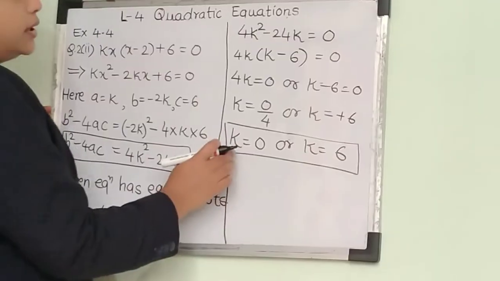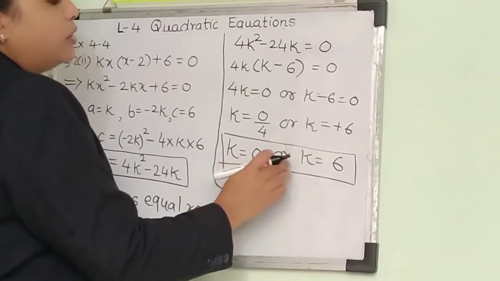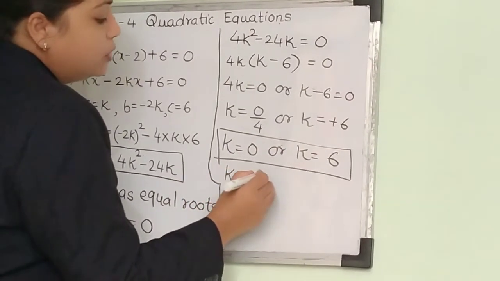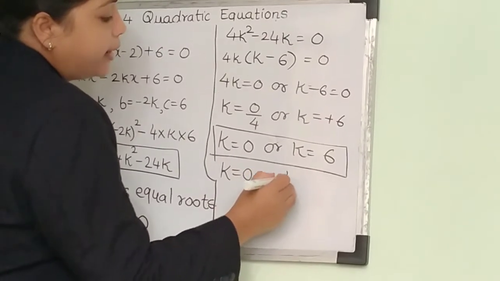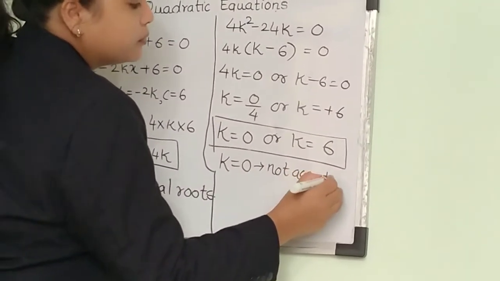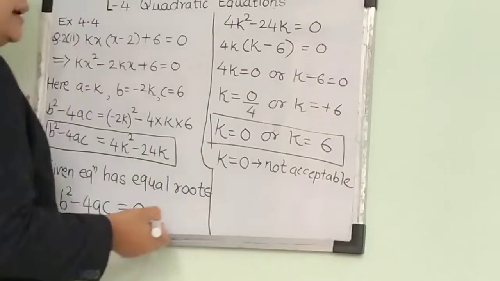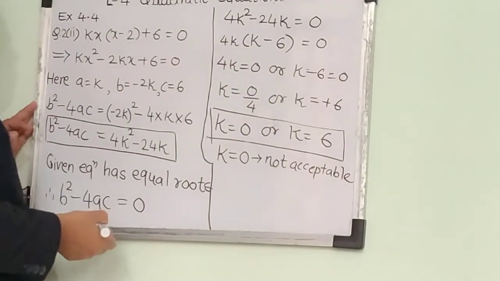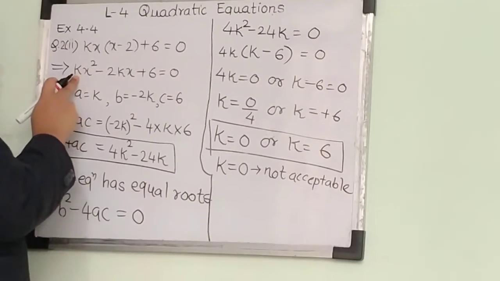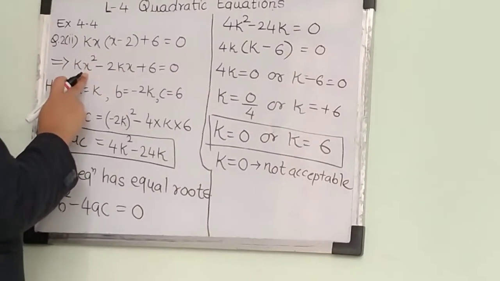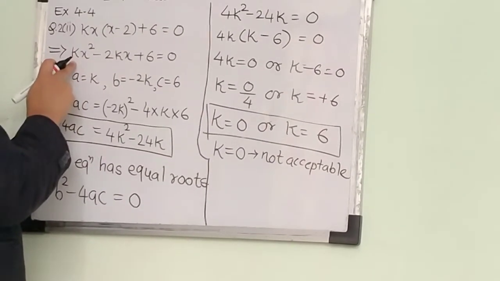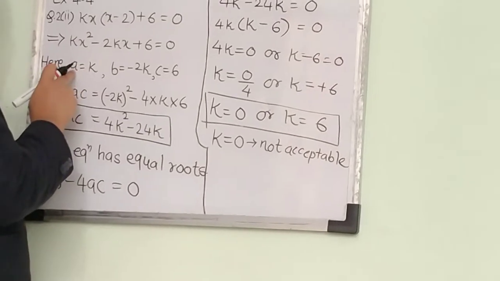So here we get k equal to 0 or k equal to 6. So k equal to 0 is not acceptable or not applicable, because we know that in the equation, k is the coefficient of x square, and it means that the value of k is equal to a.